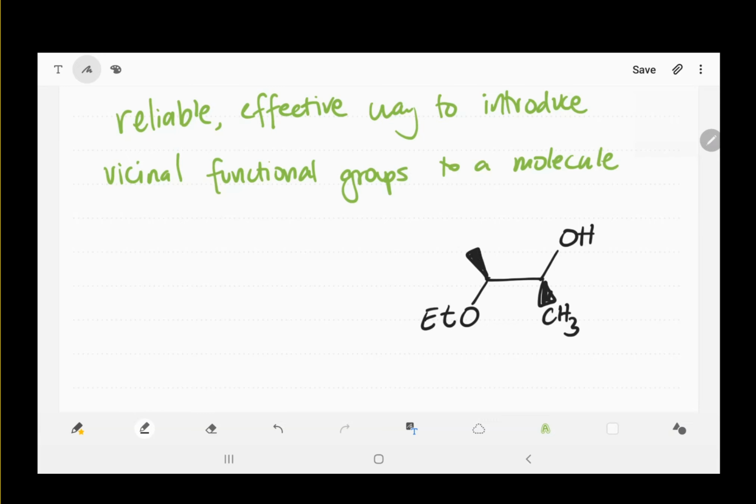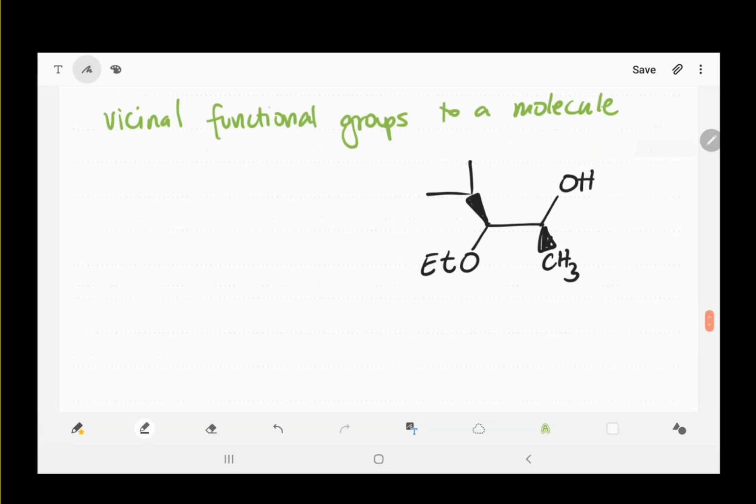And on this one, let's put our isopropyl group. So I want you guys to make this from the alkene of your choice.